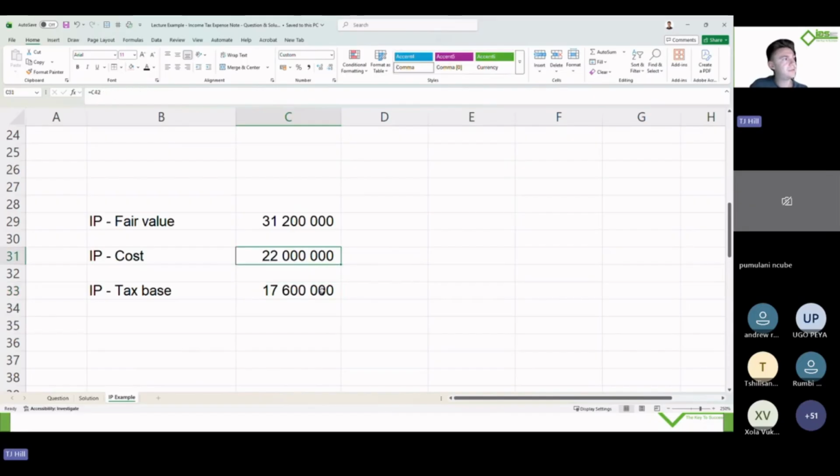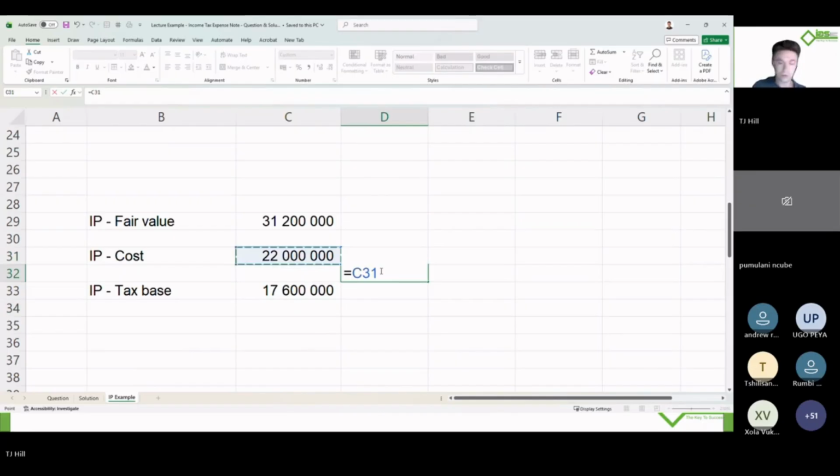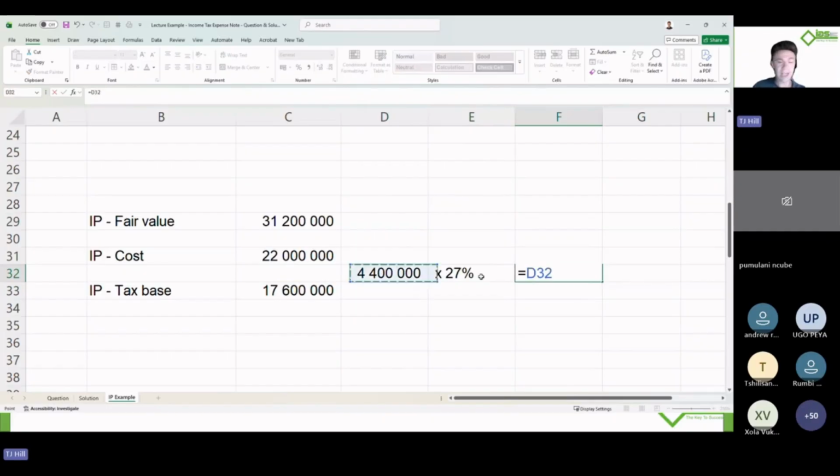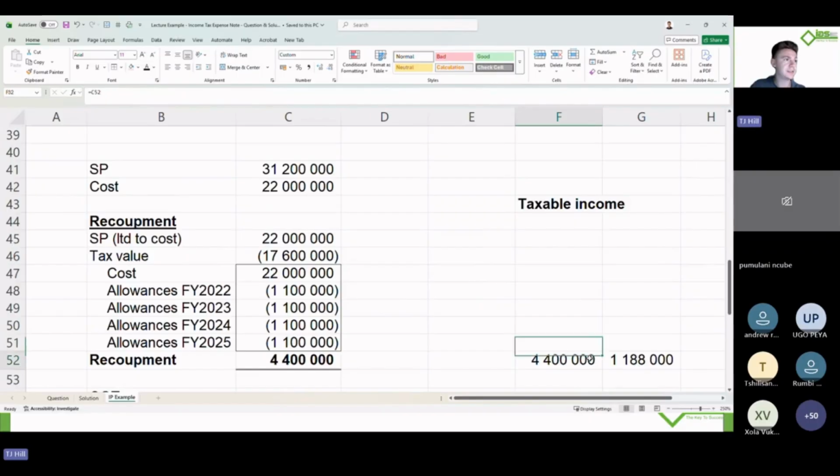Do you see that the difference between these two should then be taxed at 27%, because that will be a recoupment. A recoupment is at 27% times 100%, but it's 27%, right? We just did it. You did it with me.